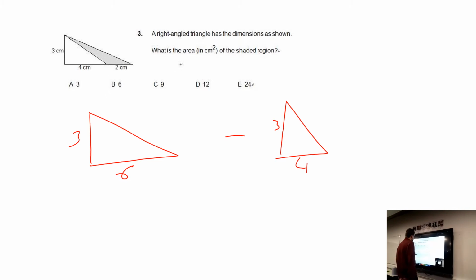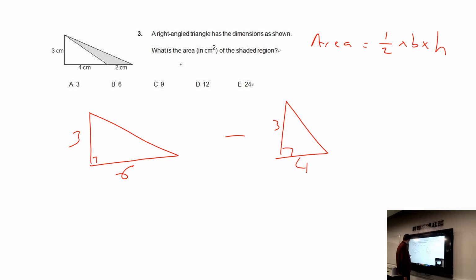The area of a triangle is equal to half times base times perpendicular height. What does perpendicular height mean? The height is at an angle of 90 degrees with the base. So here.